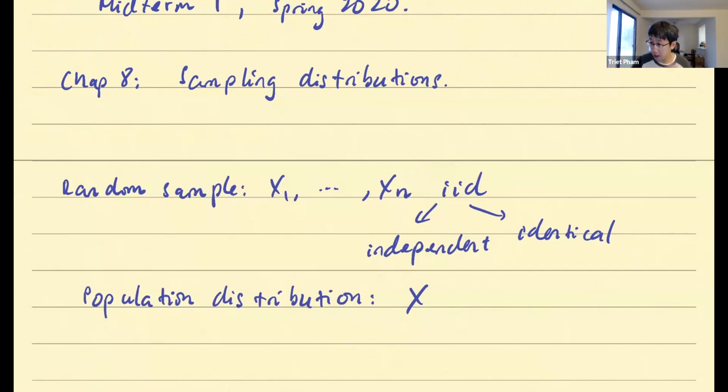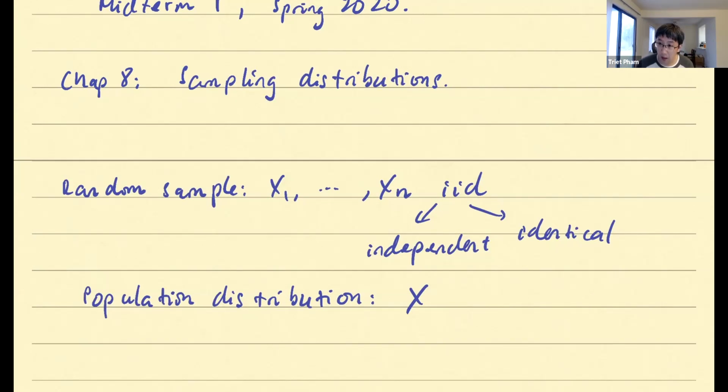There's nothing special about the X. In fact, X1 up to Xn all share the same distribution. But sometimes when we have a subscript like this, we may think of the first trial in the experiment. So to avoid unnecessary confusion, we just call big X the distribution that everything comes from.